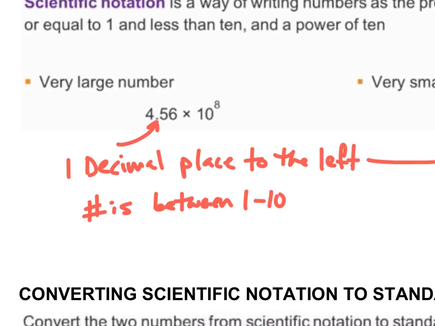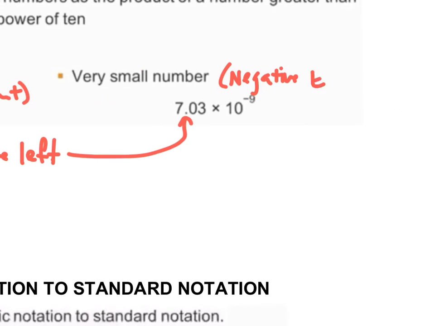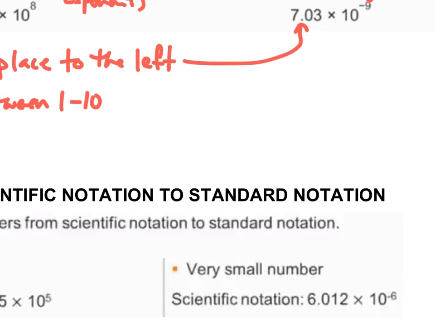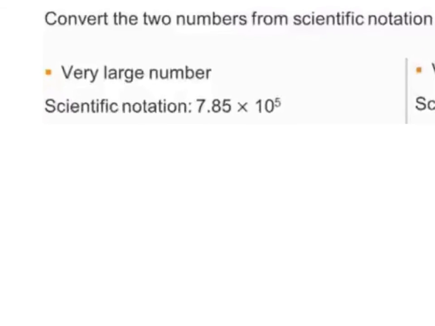And then a very large number has a positive exponent, and a very small number has a negative exponent. Now, if we wanted to convert from scientific notation to standard notation, I simply do this.